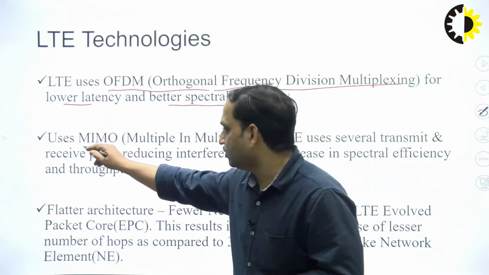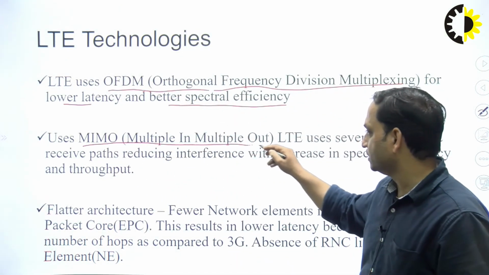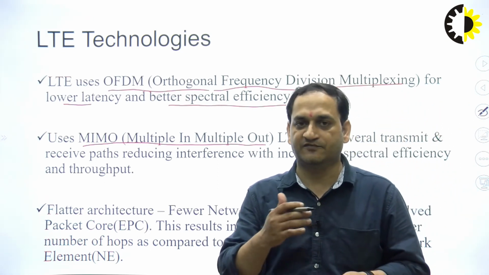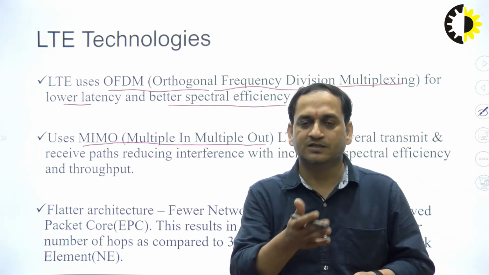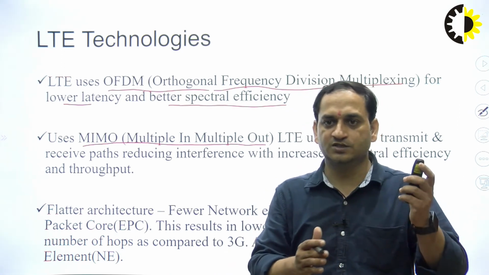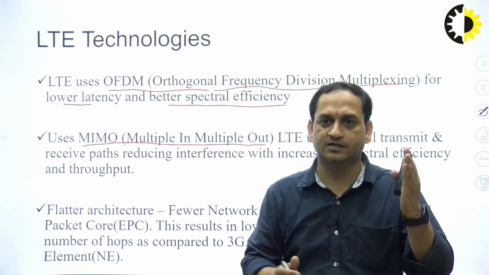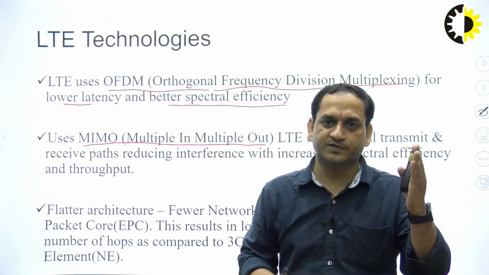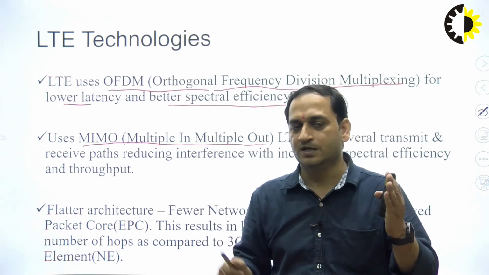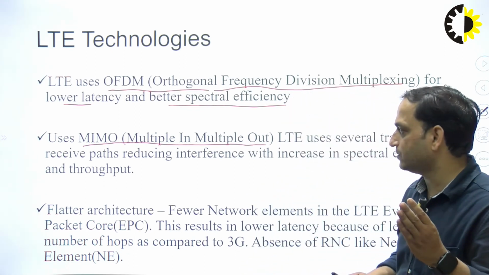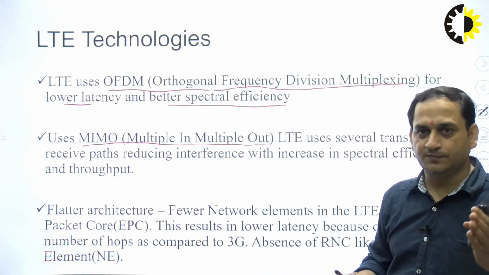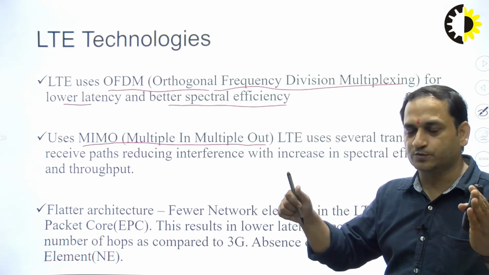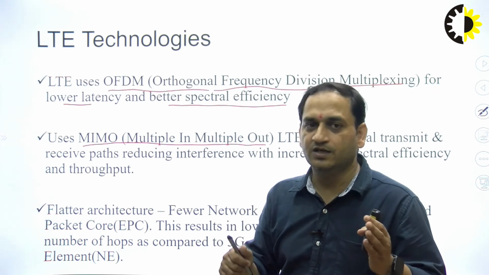Then we have MIMO, multiple input, multiple output. What is the significance of that? In the LTE system, it is used very efficiently as compared to the 3G system, where we used transmitting antennas. Here we use receive antennas as well: more than one transmit antenna and more than one receive antenna. This is the configuration of the MIMO system: multiple input means a larger number of transmitting antennas, and multiple output means a larger number of receiving antennas.